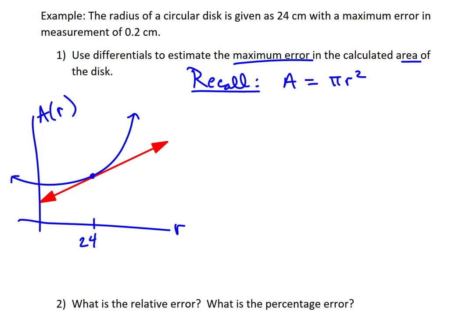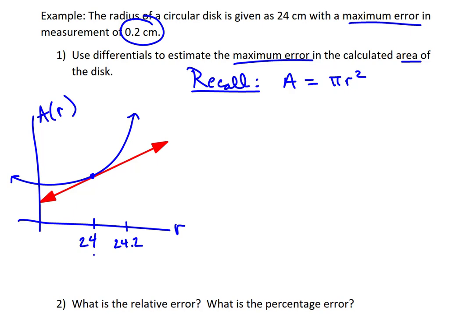Now we were also told that the maximum error in the measurement was 0.2 centimeters. So to illustrate this, let's go to our picture here, and then somewhere down further to the right, so past 24, which we've already marked on here, we're going to put 24.2, which would be adding the 0.2 centimeters of error, and we're going to call that distance.